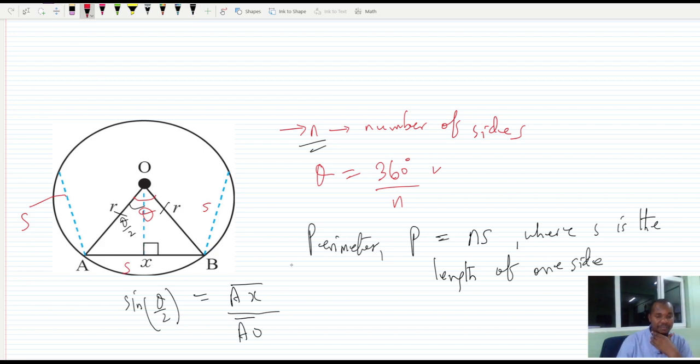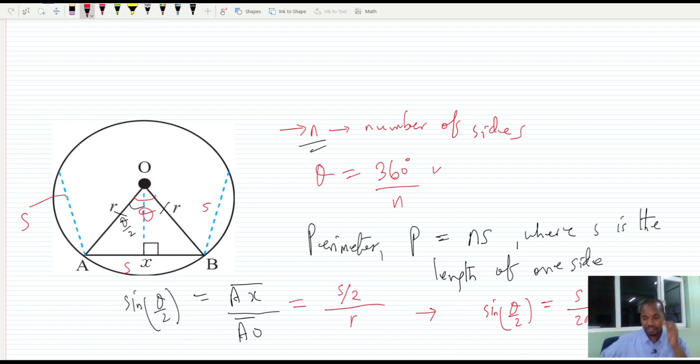And AX equals half the side, that is, the side of the polygon divided by 2, over AO, which is the radius of the circle. So we can say easily that sine of theta over 2 equals S over 2R.